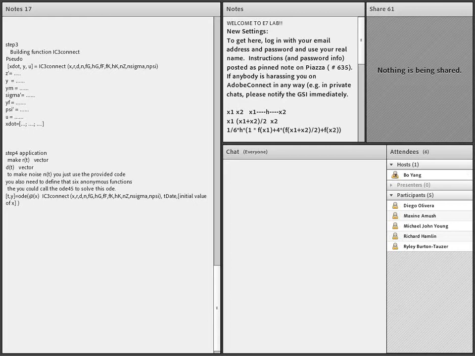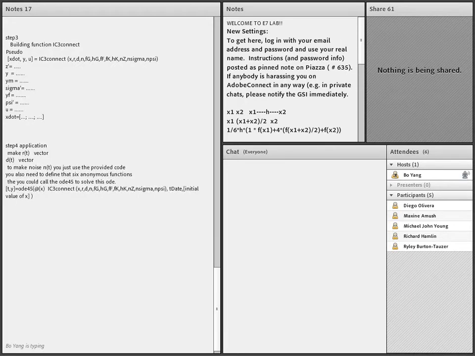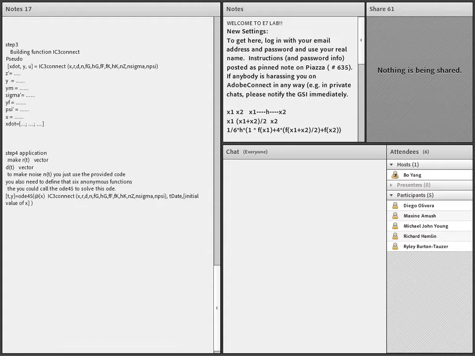And some code is provided in the assignment to make the noise function. So you just follow the code, and you can get the Nt also. With R, D, and N given, you can then use ODE, maybe ODE45, to solve this model.